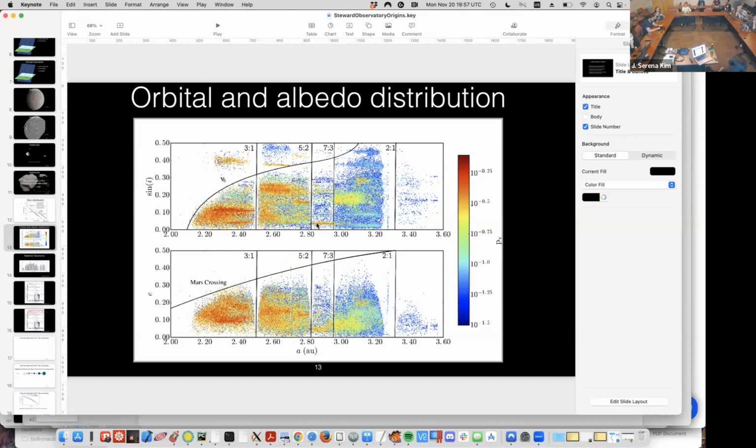So I would say, yes, it is more difficult to detect old families than young families. There is a backup slide that I have, but it basically shows that you more or less assume that the collisional evolution of the main belt has remained constant for the last 4.5 billion years. So the proportion of young families to old families should be more or less the same.